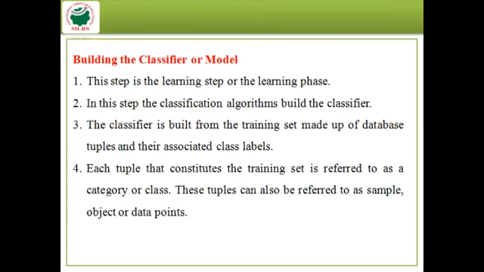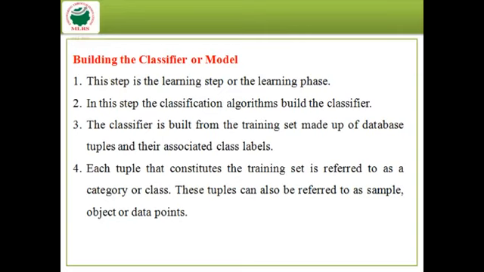These tuples can also be referred to as sample, object, or data points. So there are four steps to build the model. The first step is the learning step or learning phase. In the second step, we apply an algorithm, that is, the classification algorithms build the classifier.